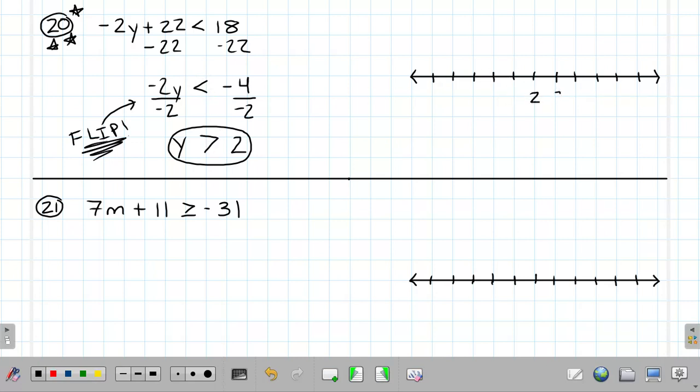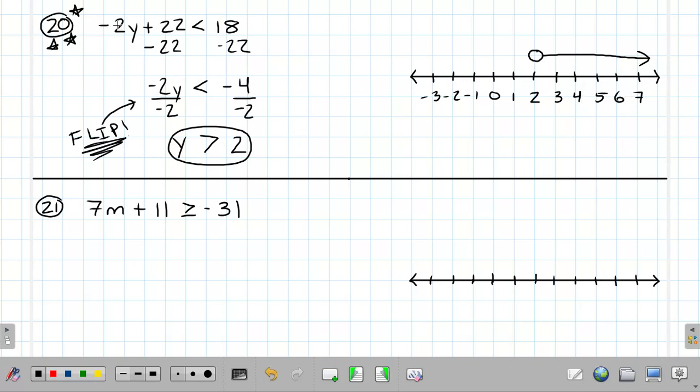We label what we can on our number line. We get y is greater than 2, so y cannot be 2, but it's anything that's bigger than 2, meaning 3, 4, 5, 6, 7. And you can double check that. Pick any number that's bigger than 2. Let's say 10.